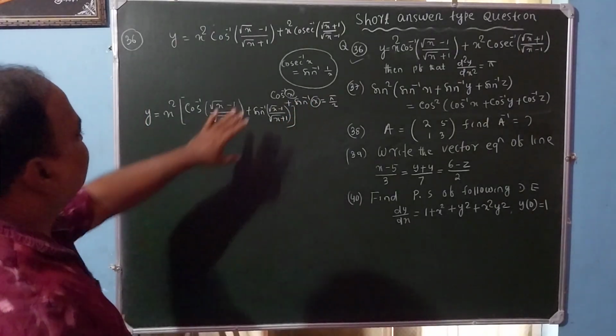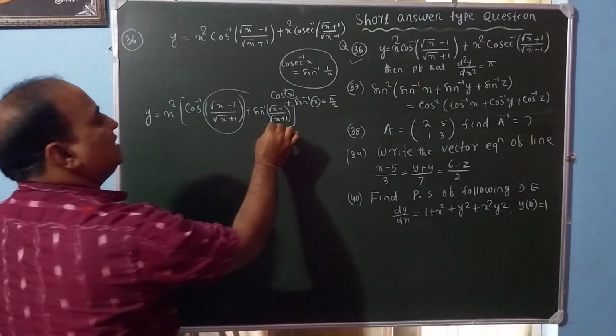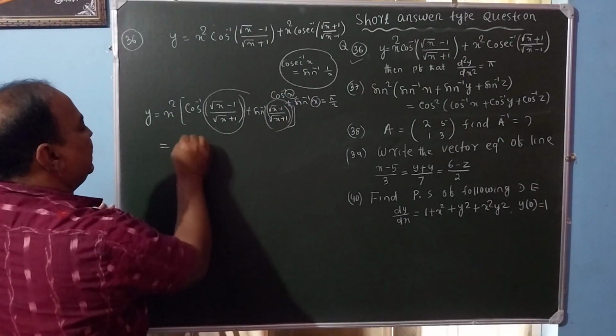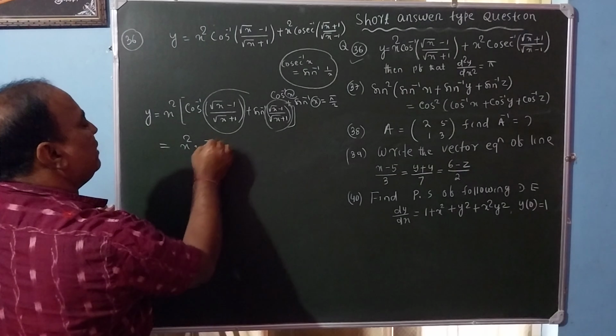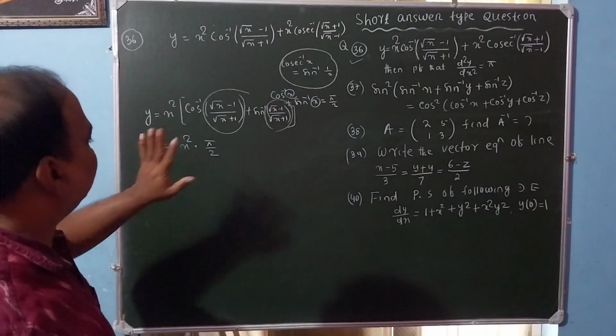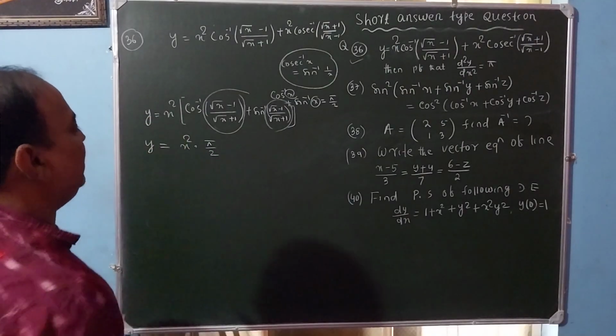Okay? Cos inverse x plus sin inverse x, it is pi by 2. Write down, it is x square into pi by 2. So after simplification, we get a very small result: y is equal to x square pi by 2.